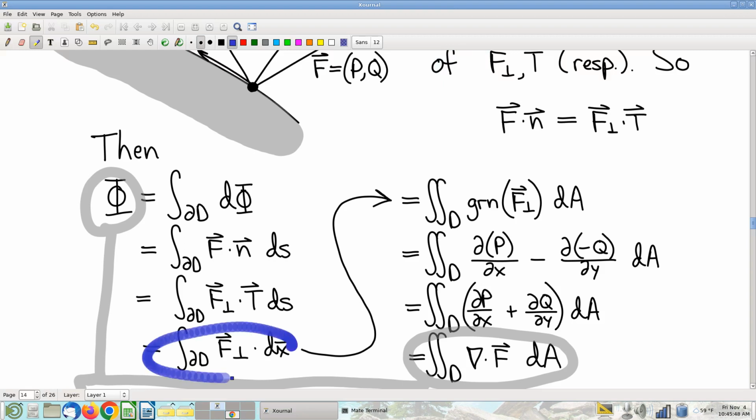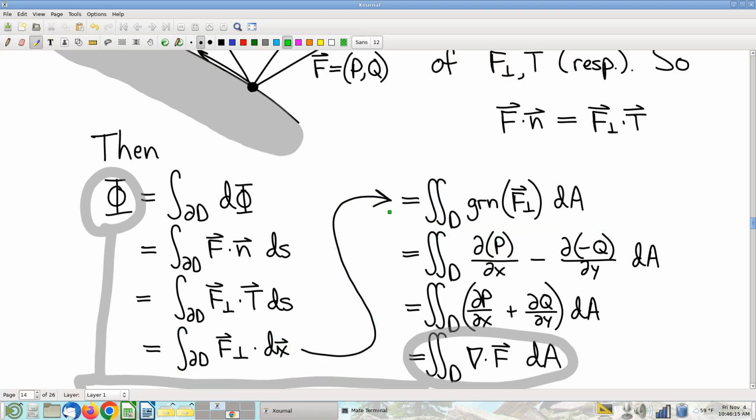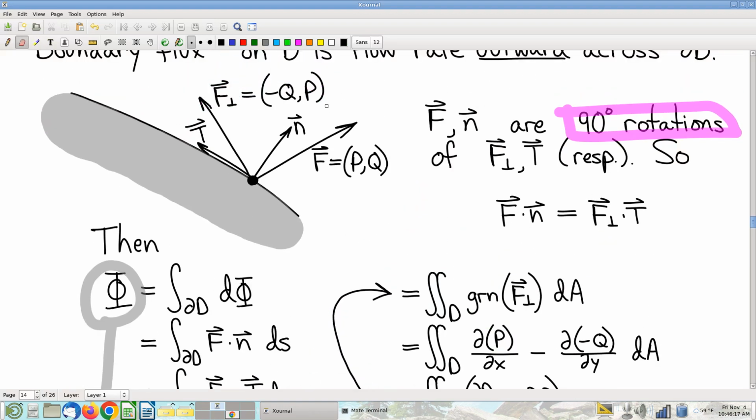I have a boundary vector line integral. And according to Green's theorem, that's a double integral of Green's operator. Now, careful, super careful. The line integral is of F perp, right? That's how we got it to the right kind of line integral. So I need to compute Green's operator of F perp. And here's where you have to be careful about what you are taking partials of.